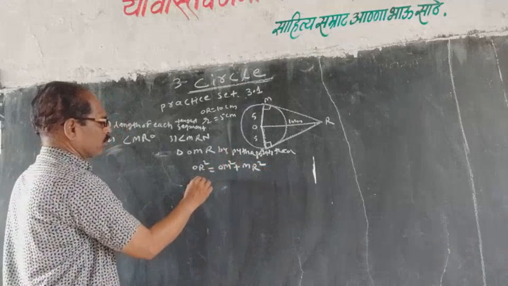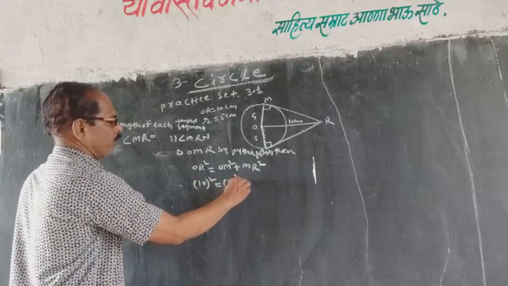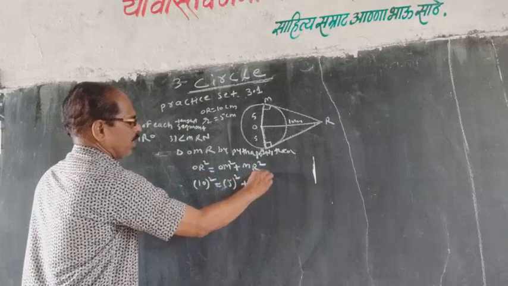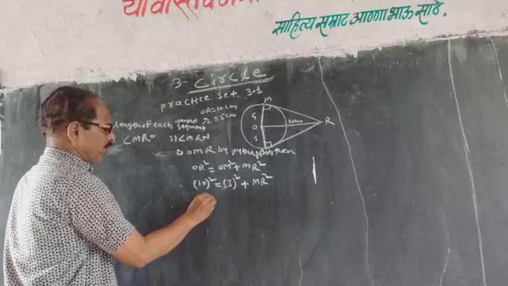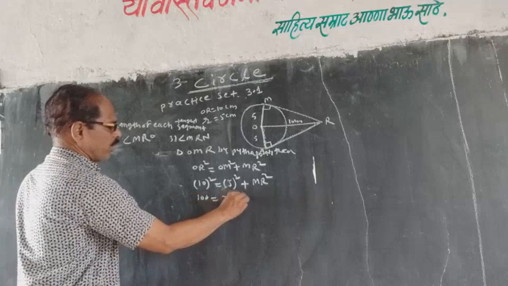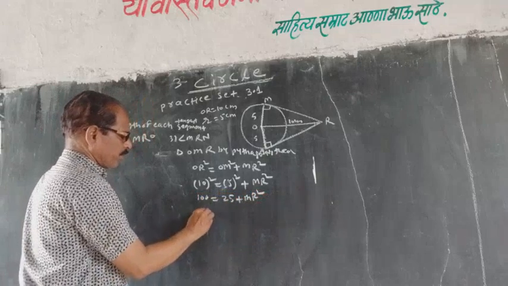Substitute the values. OR 10 square, OM 5 square, MR unknown, MR square. 10 square is 100, 5 square is 25, plus MR square.